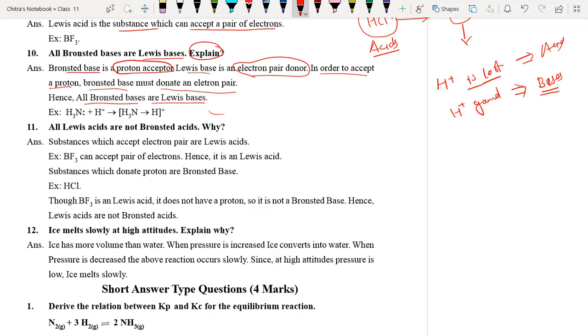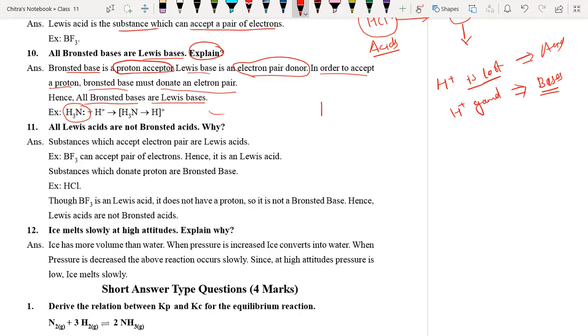See here, we have ammonia having a lone pair of electrons. What are lone pairs of electrons, beta? Any idea? Lone pair means non-bonded electrons.